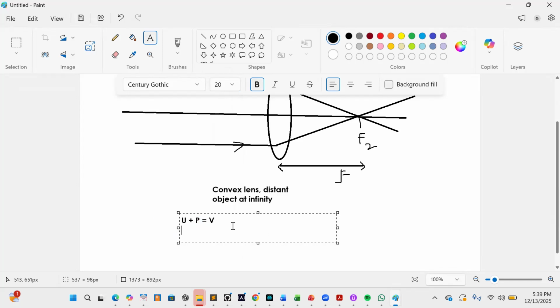Instead of one over U, the U is the object vergence, so the P is the power, and that's why it's shaped like this.